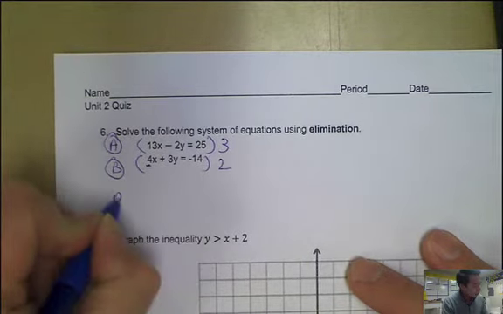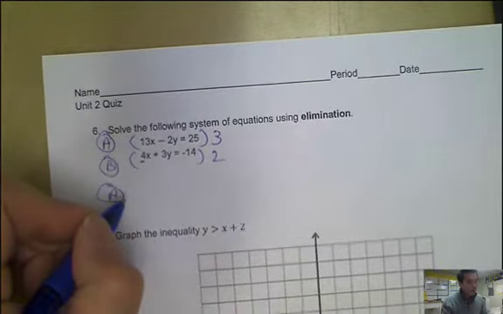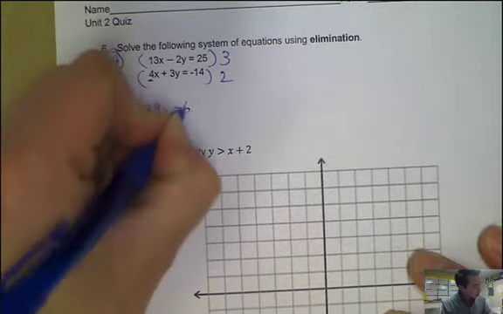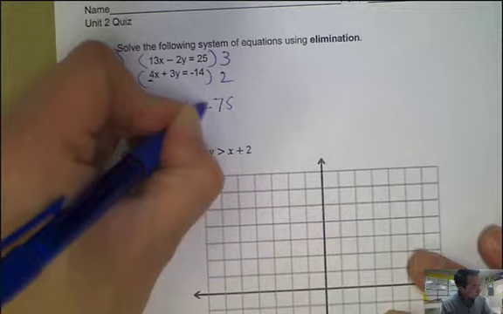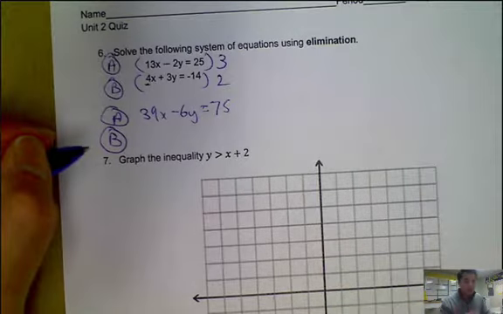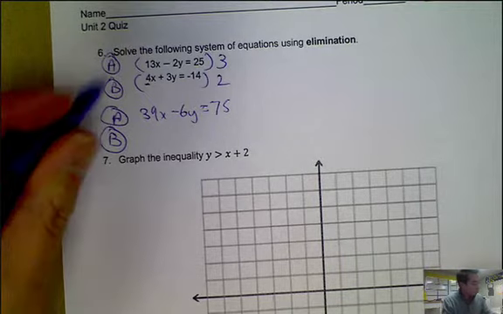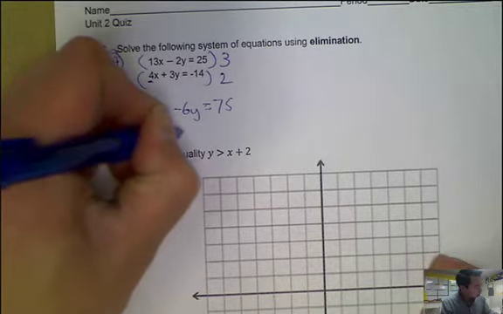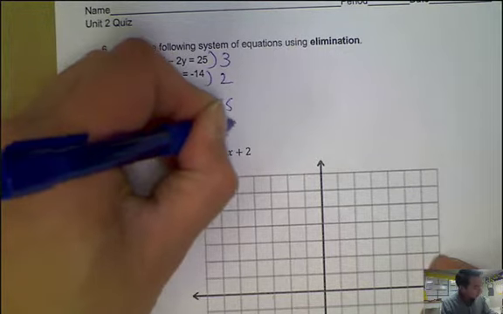So equation A, the new one, not really though, it's just a multiple, is going to be 39x minus 6y is equal to 75. My new equation B, not really new, just a multiple, is going to be 8x plus 6y is equal to negative 28.